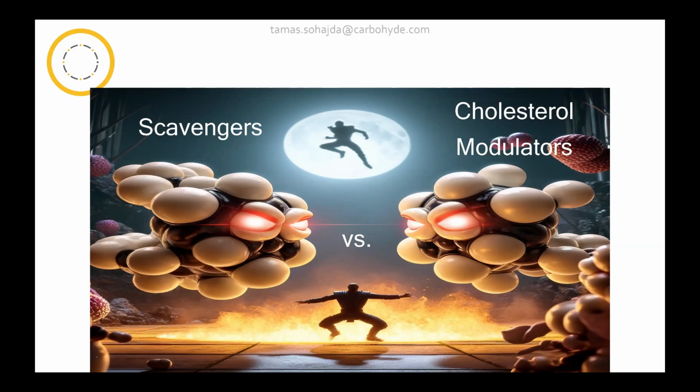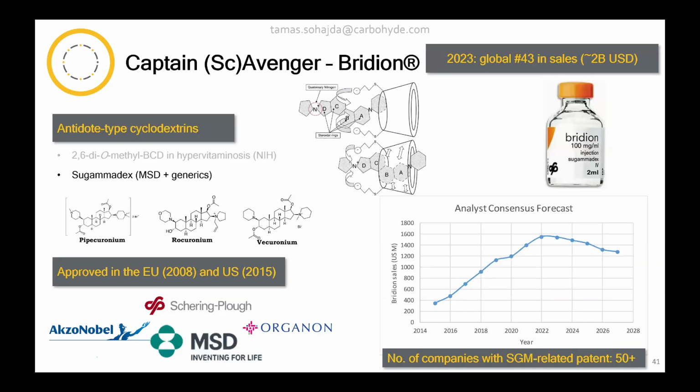So of course we can use it in the body to scavenge some API or some molecules and eliminate it from the body. The other is the cholesterol modulator mechanism, where they are using the effect of cyclodextrin immobilizing the cholesterol. So it incorporates cholesterol and it works like that.